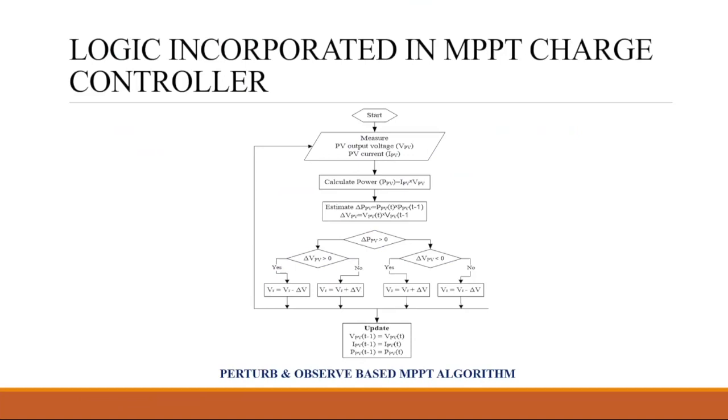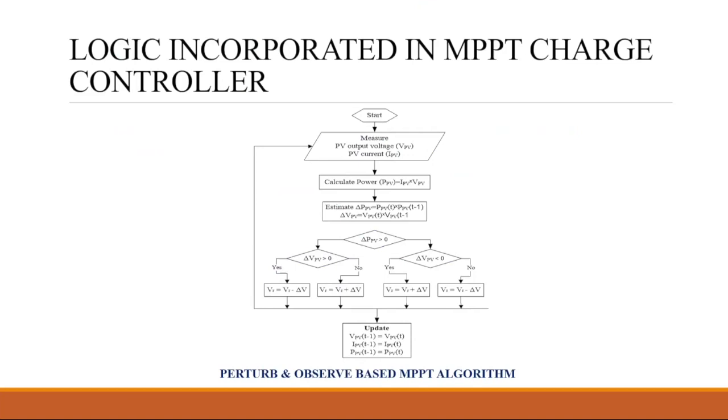There are three cases. Either dP by dV can be 0, dP by dV can be positive if we move here, or dP by dV can be negative. These three equations are very important when we are designing this controller.